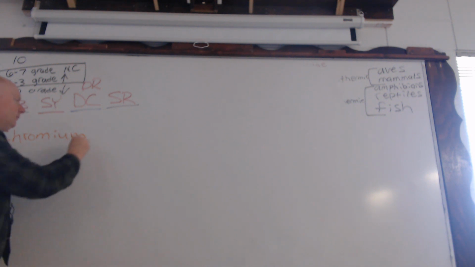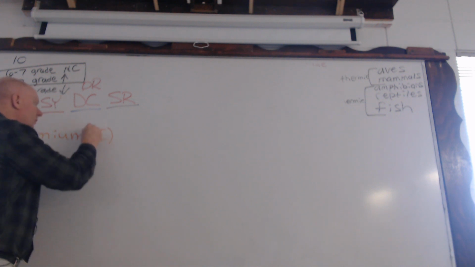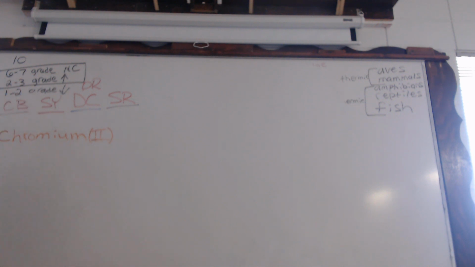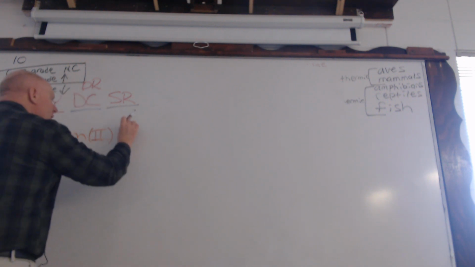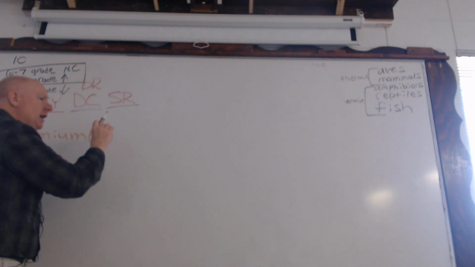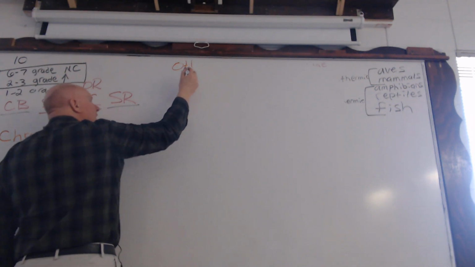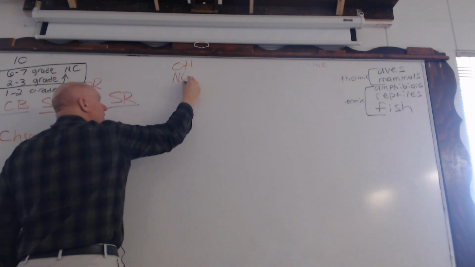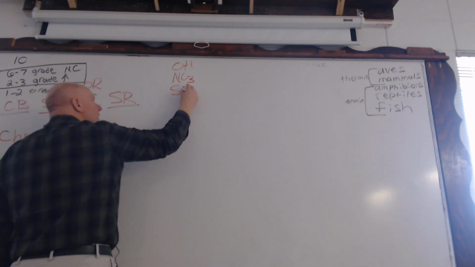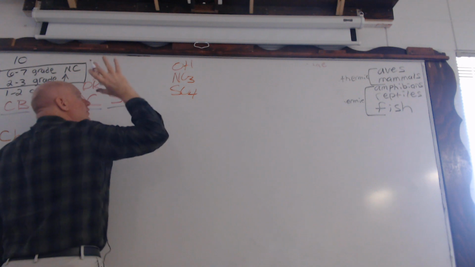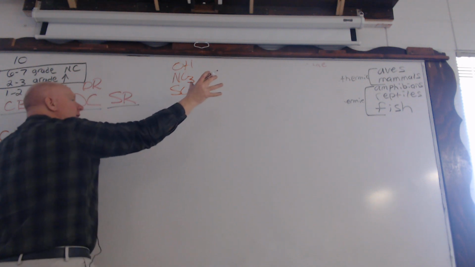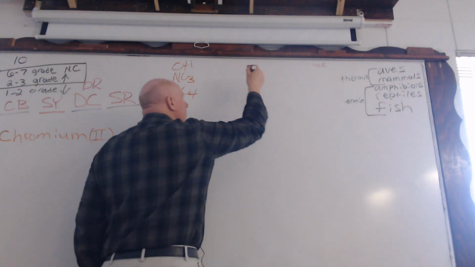Okay, chromium is 24, I believe. Okay, chromium, we want a monoatomic negative ion. And if that's confusing, remember, that's a polyatomic ion. This is a polyatomic ion. So a monoatomic negative ion might be what?